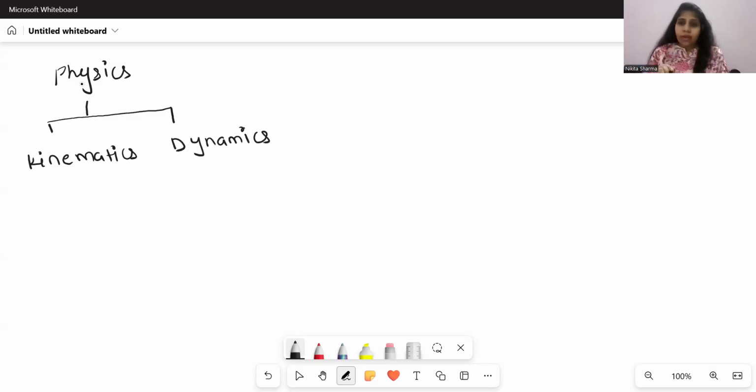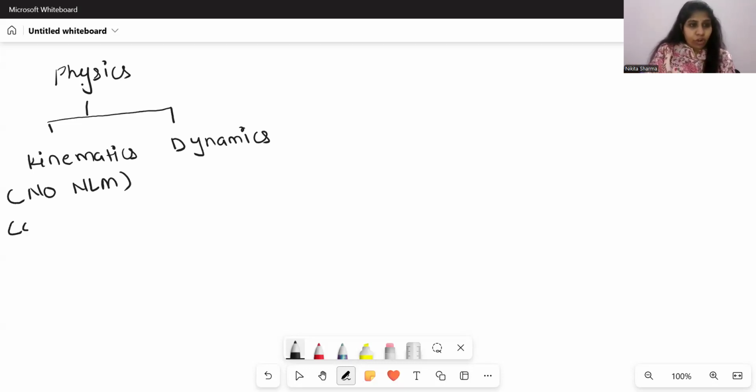Kinematics is the part of physics, or we can say the section of physics, in which we do not follow the Newton's laws of motion. That means we are solving our numerical problems without using the Newton's laws of motion.